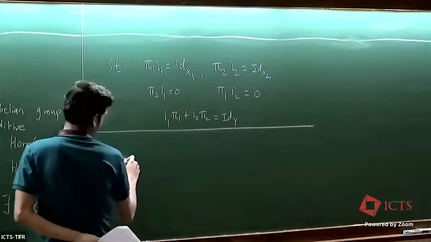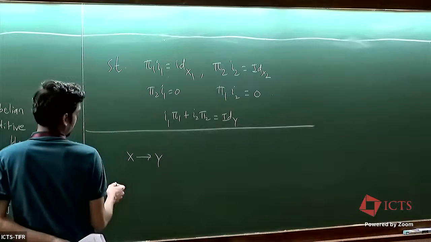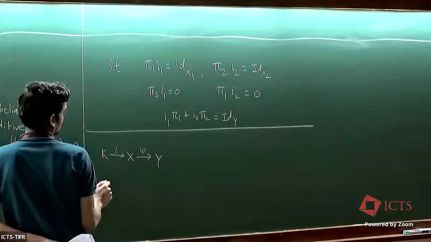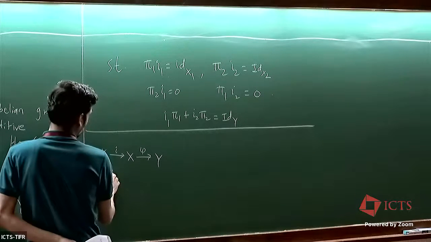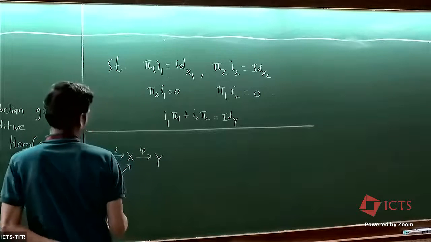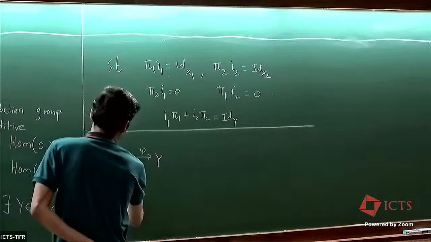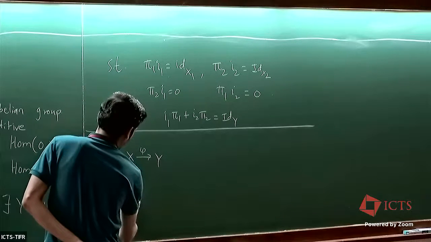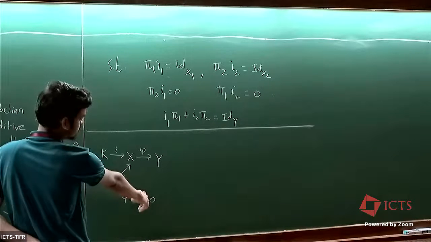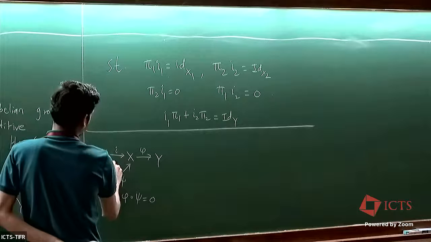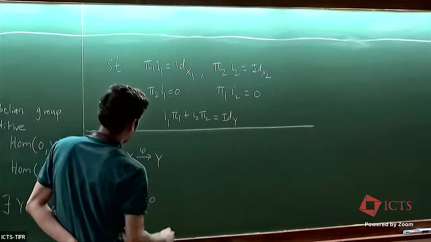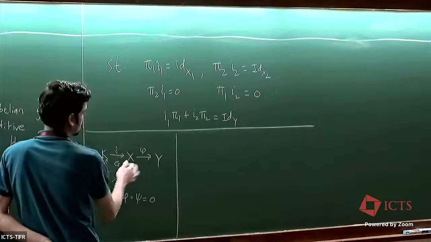Suppose you have a morphism phi from X to Y. Then the kernel of this map is an object K together with a map i, such that whenever you have any other object K' with a map psi from K' to X satisfying psi followed by phi is the zero map, so suppose that we are in an additive category, so that zero maps and zero objects make sense, then there should exist a lift from K' to K, making this diagram commutative. So this K together with i, we call the kernel of this morphism.